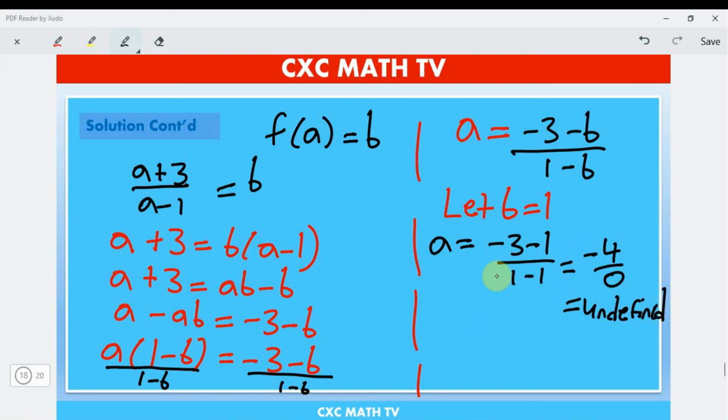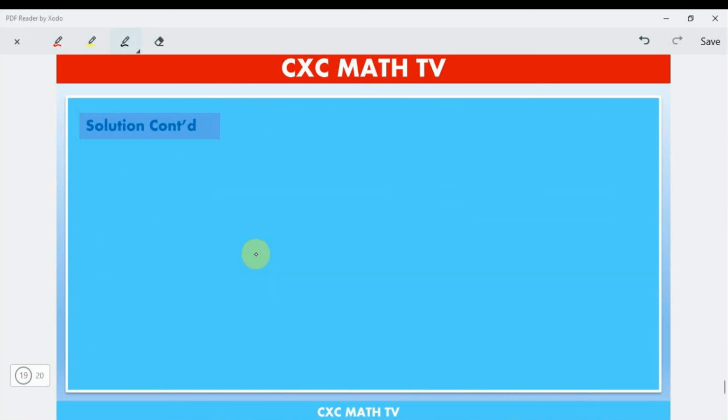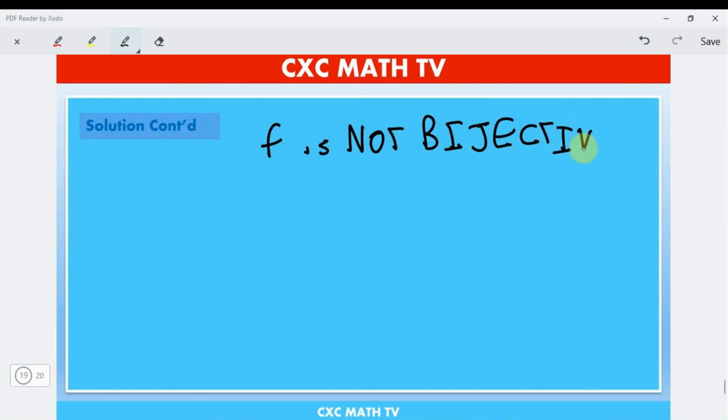What that means is that nothing maps to a y value of 1. Therefore, f is not surjective. Since f is not surjective, we can conclude f is not bijective. Really sad.